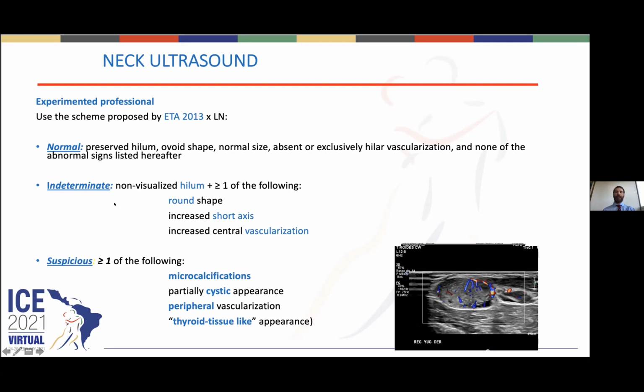On the other hand, we call a lymph node indeterminate if it has no hilum plus one or more of the following characteristics: round shape, increased short axis, or increased central vascularization. On the other hand, normal lymph nodes are the ones that did not have any of the characteristics that I said before.